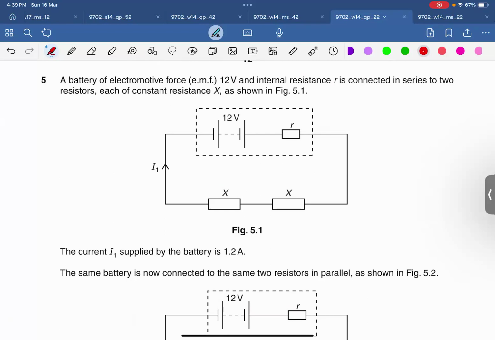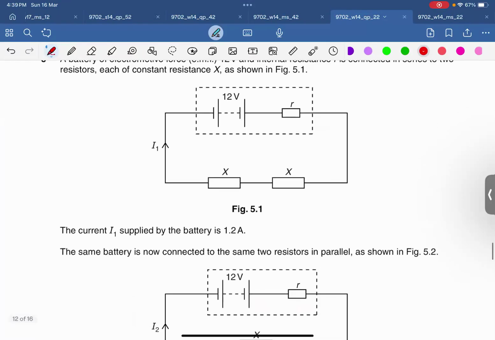A battery of electromotive force 12 volts and internal resistance R is connected in series to two resistors, each of constant resistance X, as shown in figure 5.1. The current I1 supplied by the battery is 1.2 amps. The same battery is now connected to the same two resistors in parallel as shown in figure 5.2.